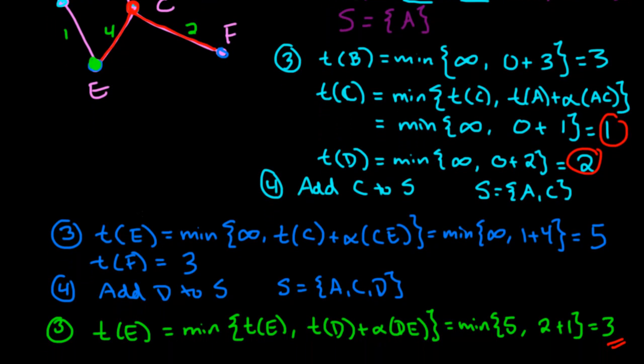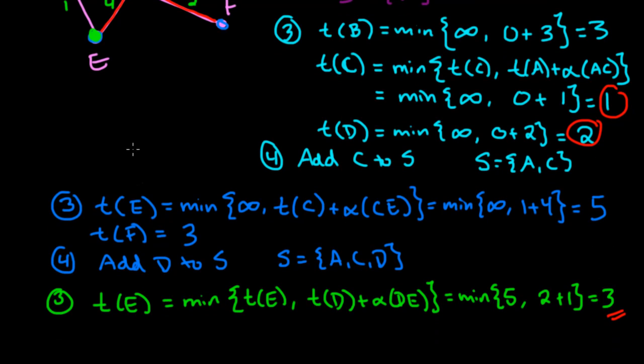So let's see. We just did step 3 and it said it changed the label of vertex E. Now we have to go and look at a vertex which has a minimum label and add that to S. Now both vertex B and vertex E have minimum label 3, so it doesn't matter which one we choose. We can choose either.